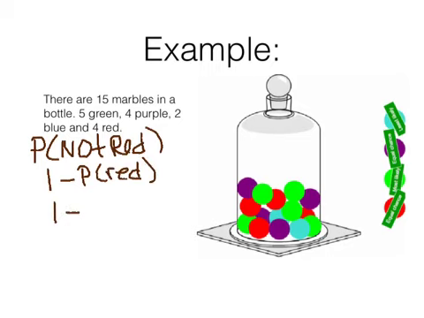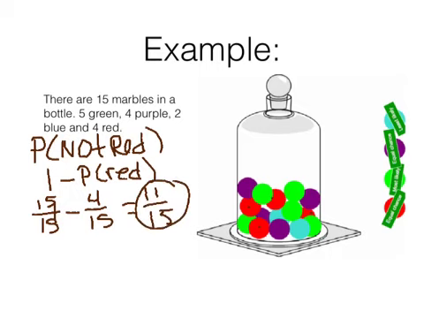So 1 minus, and we said there were 1, 2, 3, 4 out of 15. 1 minus 4/15. Turn the 1 into 15/15. That gives you 11/15.